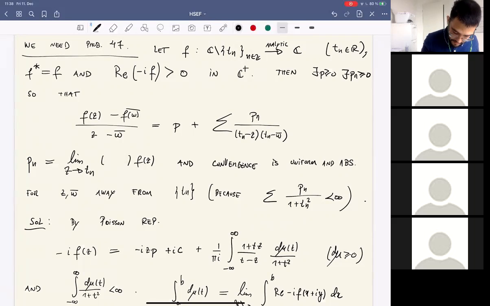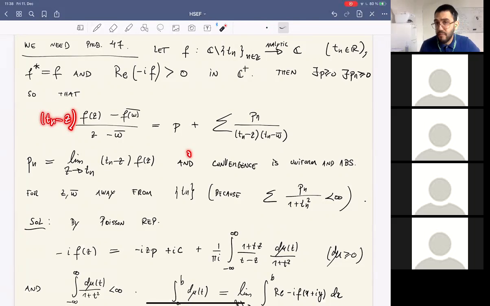So if you just multiply by Tn minus z here on both sides, and you take the limit when z goes to Tn, and you take w any other point in, let's say, the upper half plane, say w equals I, for instance, this bit would go away, and you only have Tn minus w bar here.